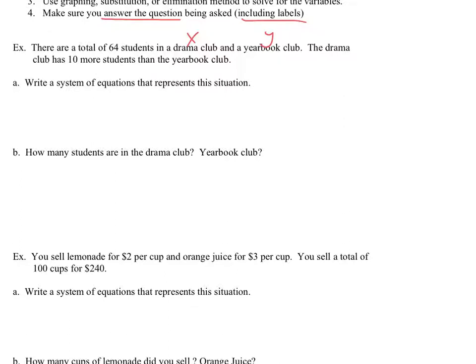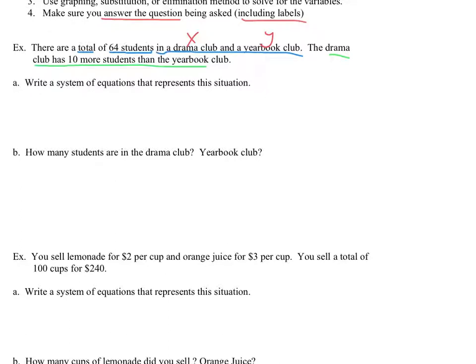Next, we want to talk about some common things. What I notice here is I have a total of 64 students in drama and yearbook. So I believe that would be something that could create an equation. Then the second equation is comparing: drama club has 10 more students than yearbook club.